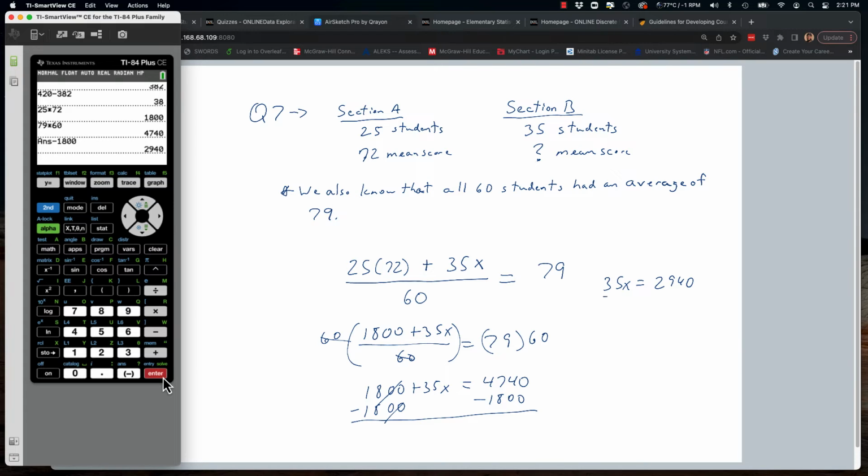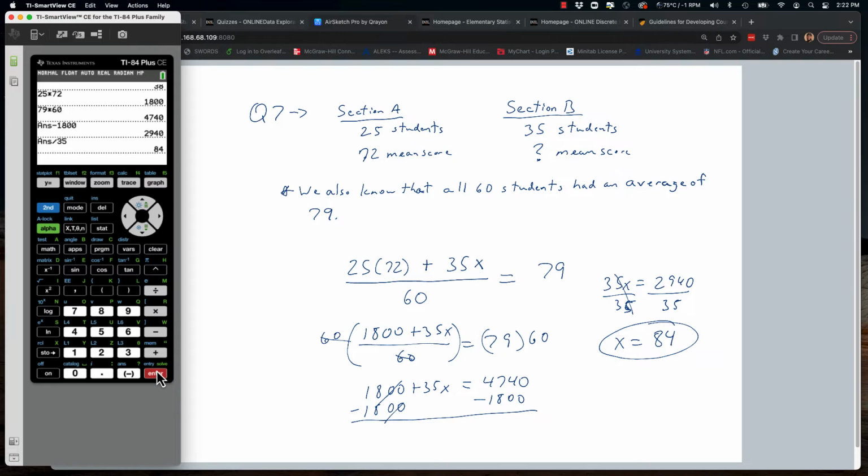And I'm going to divide that by 35, the number of students in section B. And we'll get that x equals 84. So section B students averaged an 84 overall. So that's how you figure that one out. So again, it's very similar to the weighted problem that we did before.